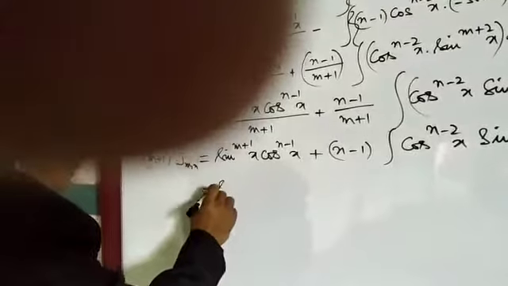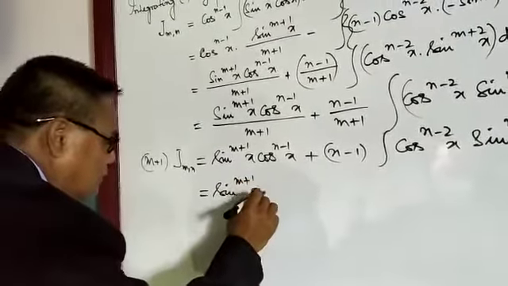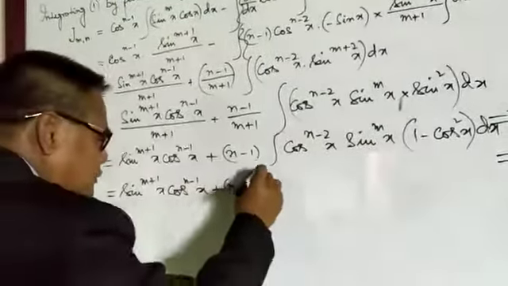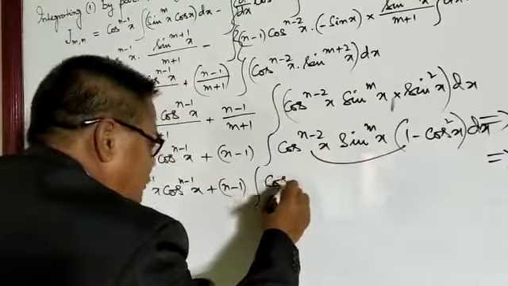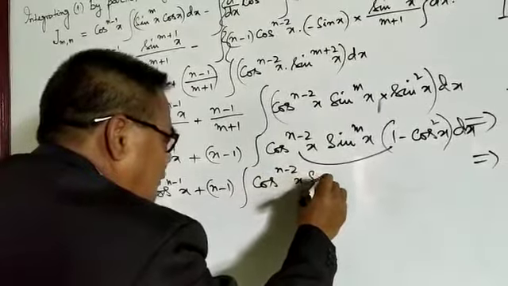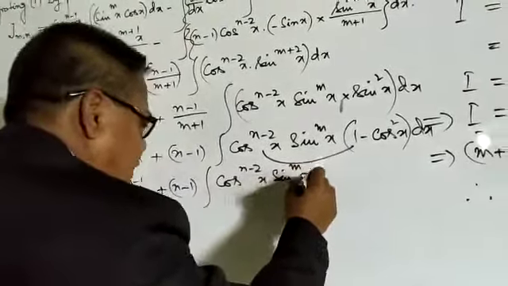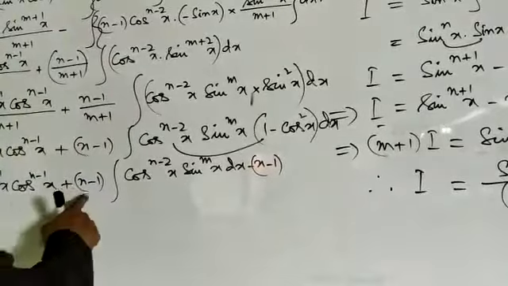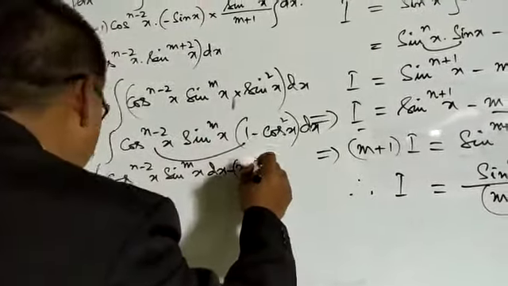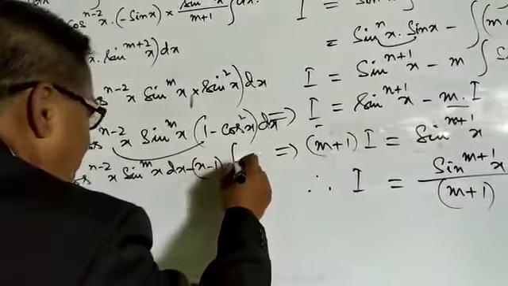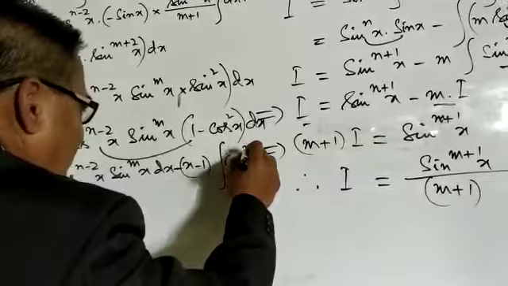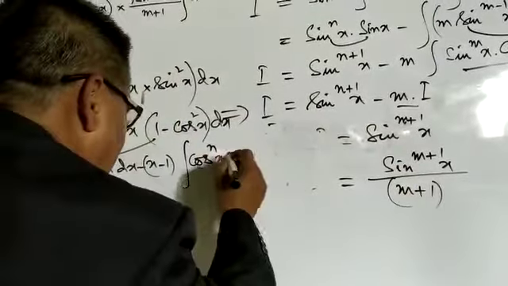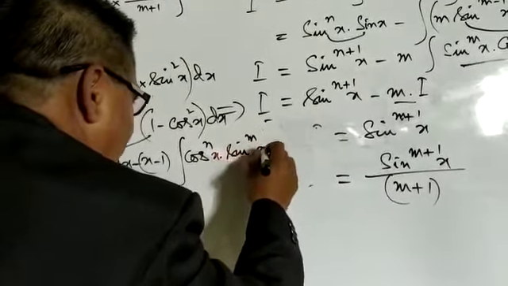So this becomes cos, this and this becomes cos of dx minus n minus 1 into, then this will be integration of cos power nx into sine power mx dx.